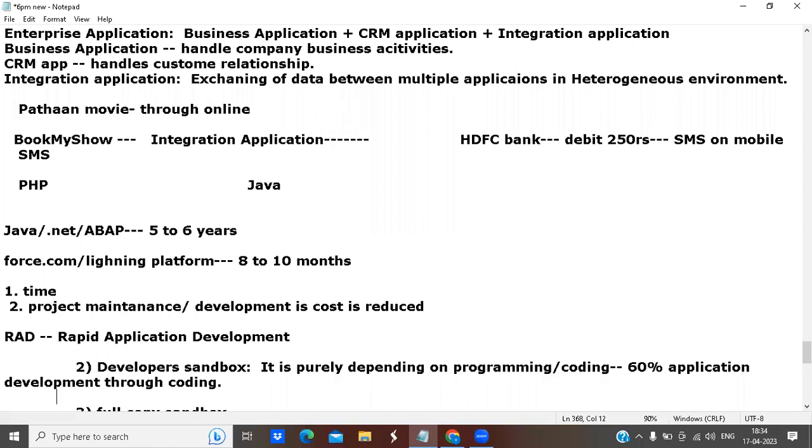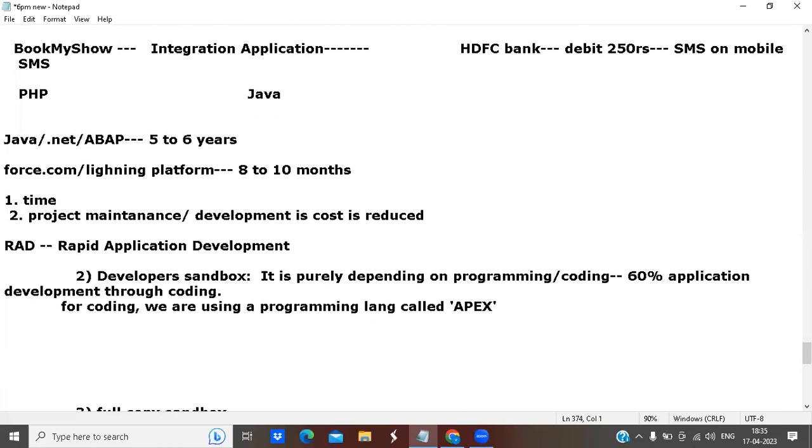For coding we are using a programming language called Apex. Apex is a proprietary language of the Salesforce company.